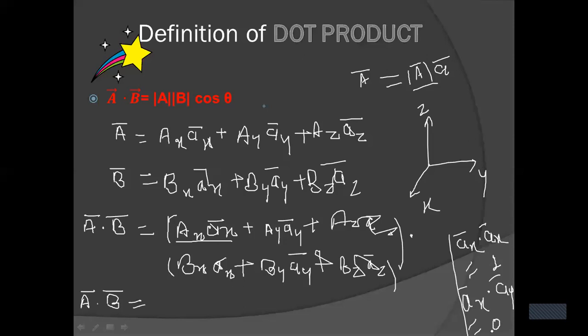Dot product of any two different vectors is equal to 0, and dot product of any two similar unit vectors is equal to 1. So if I multiply a bar x into small ax to this whole bracket, just tell me what will be the value.